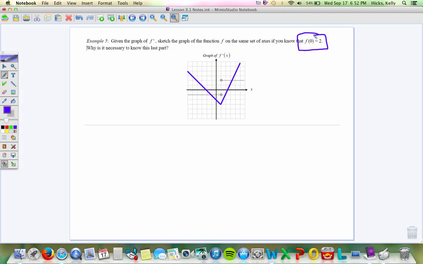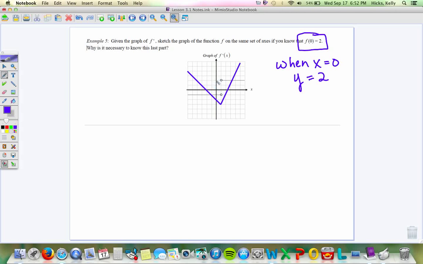Now let's look back at the problem. What does this mean right here? Sketch the graph of the function f if you know that f of 0 equals 2. Okay, what does that tell us? That means when x equals 0, y has to equal 2.